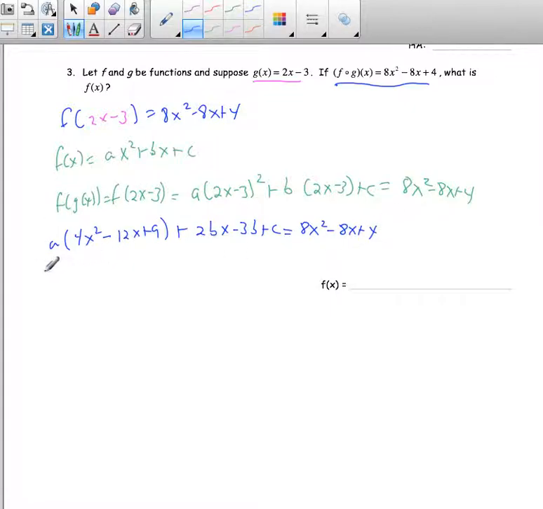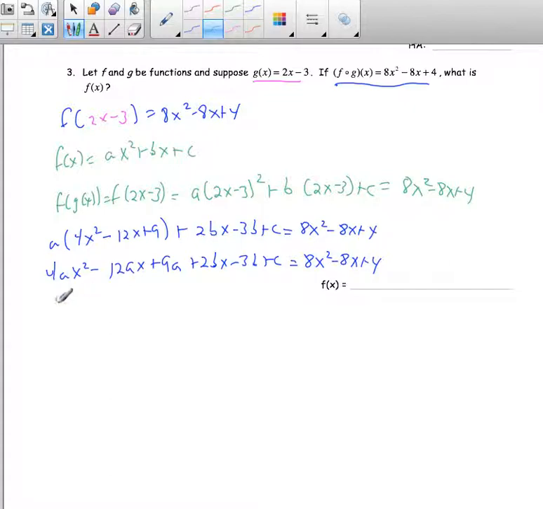And I'm going to distribute the a. So I'm going to have 4ax squared minus 12ax plus 9a plus 2bx minus 3b plus c is equal to 8x squared minus 8x plus 4. And I'm going to rewrite the left side grouping like terms.